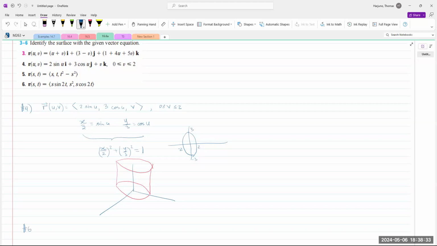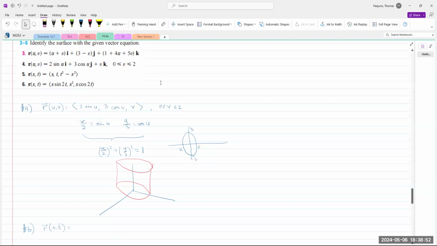Number 6. I have to admit, your success in this section depends heavily on how good you are with your curve parameterizations, and even your two-dimensional curve parameterization in your calculus 2. Okay, I need that very much.